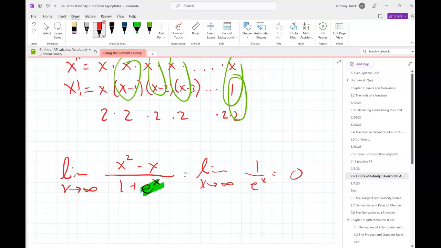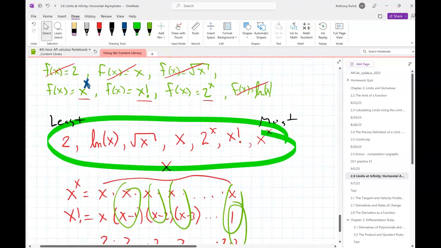That's what we're saying. So again, the idea here is that I could lump this in with any polynomial. It doesn't even matter the polynomial. This is any exponential, right?